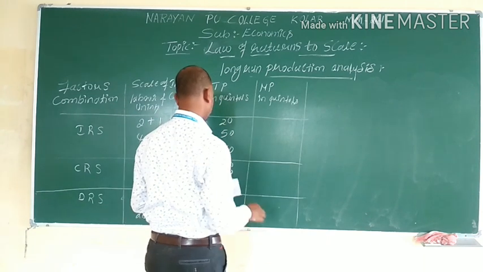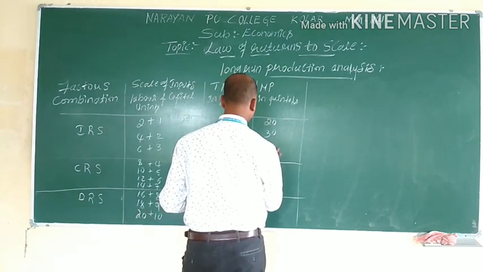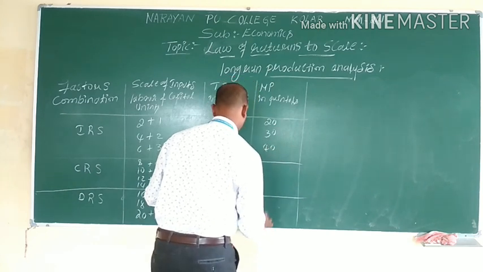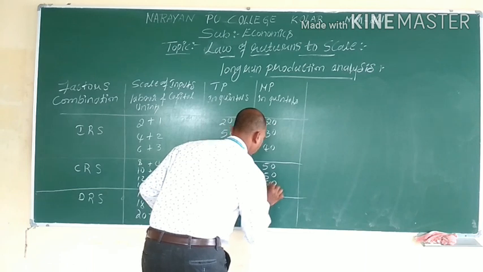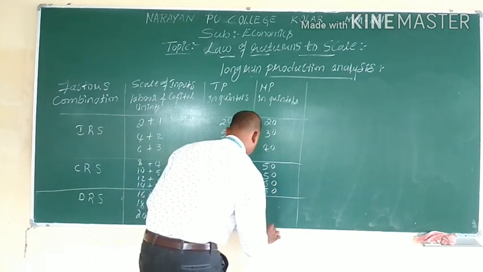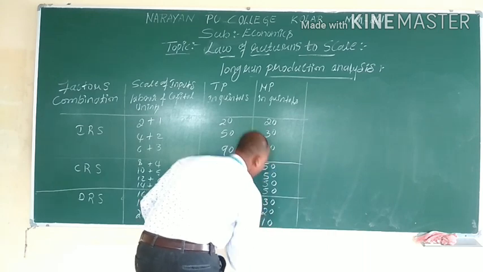The marginal product in this form: 20, 30, 40, 50, 50, 50, 50, 30, 20, 10.